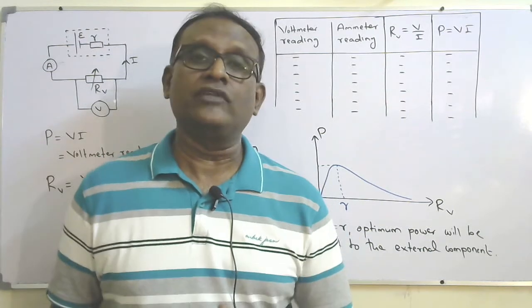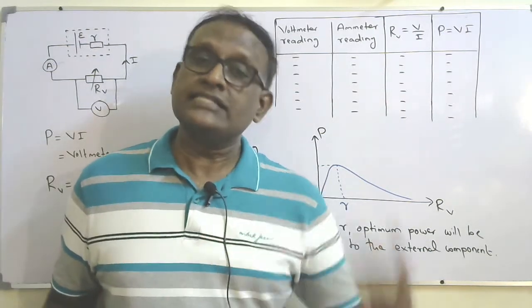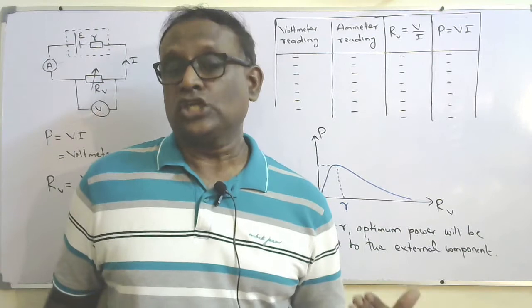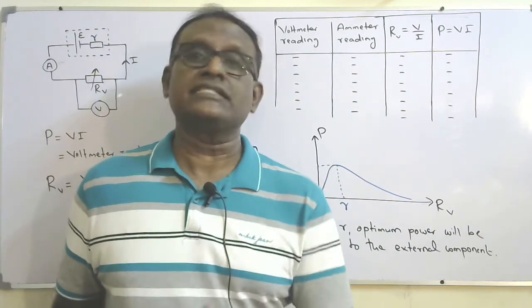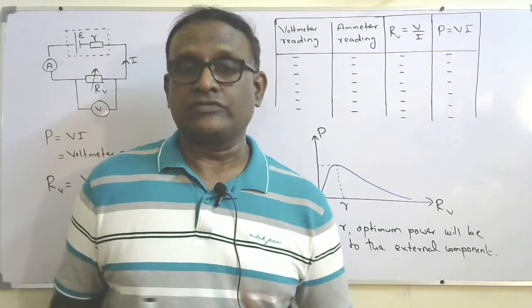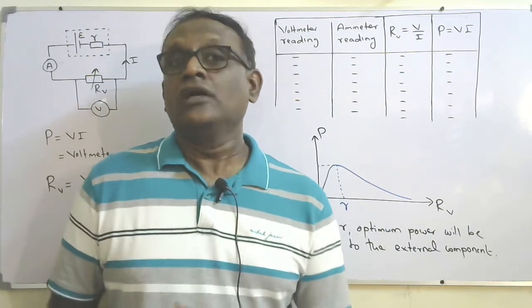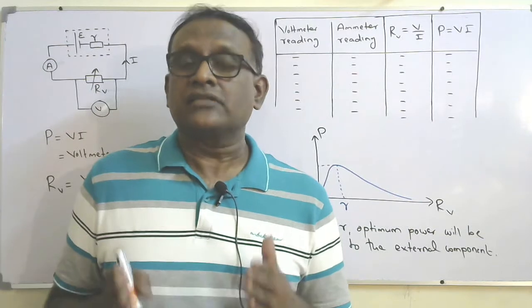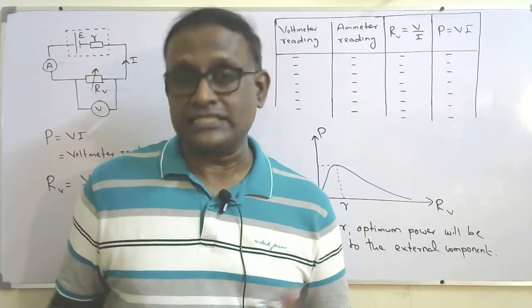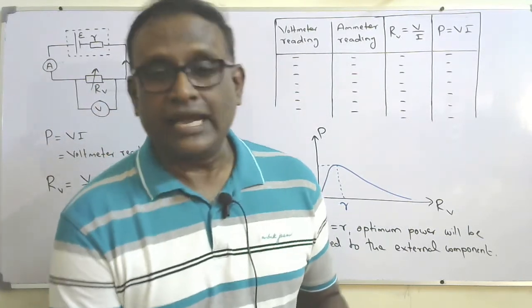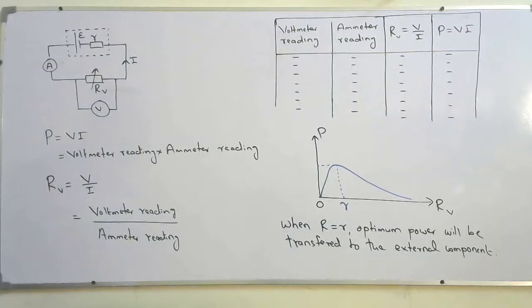There the optimum power will be transferred. Then when the resistance of the external component is larger than the internal resistance of the cell, what will be the efficiency? So from that you can find out optimum power transfer does not mean maximum efficiency. Okay, I'll do that question now.